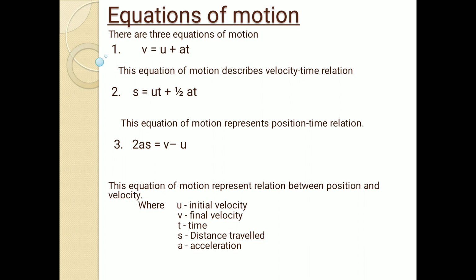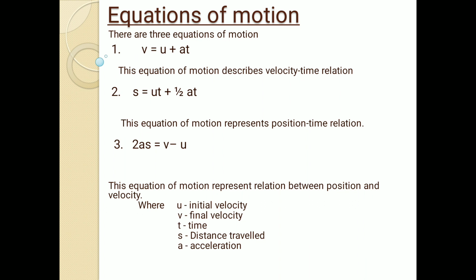Third equation of motion: 2as = v² − u². Here also the square was missing. While discussing the sums, I have given the formulas clearly, v² − u². This is the third equation of motion. It represents the relation between position and velocity.